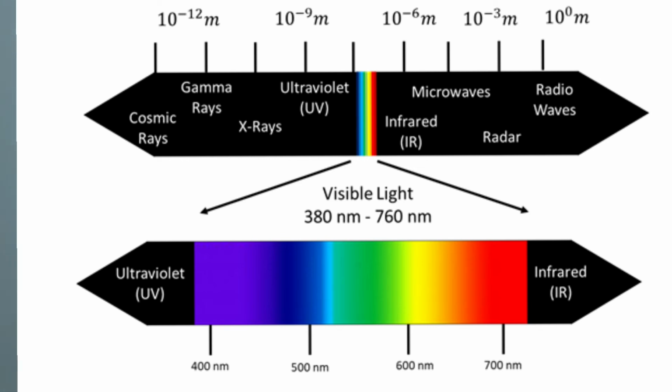From violet to red: violet, indigo, blue, green, yellow, orange, red. This collection of 7 colors is known as a spectrum.